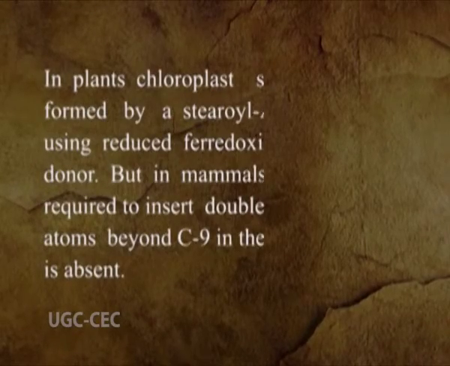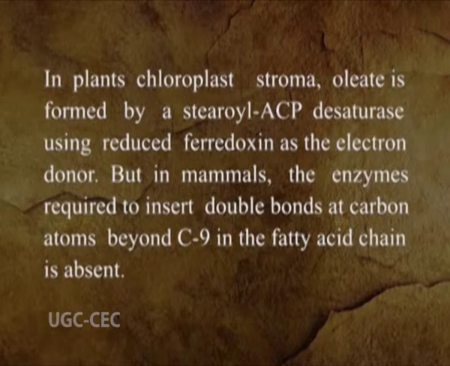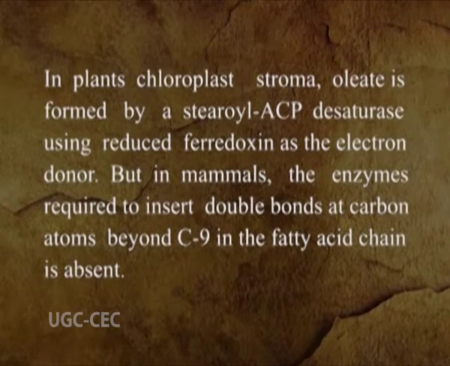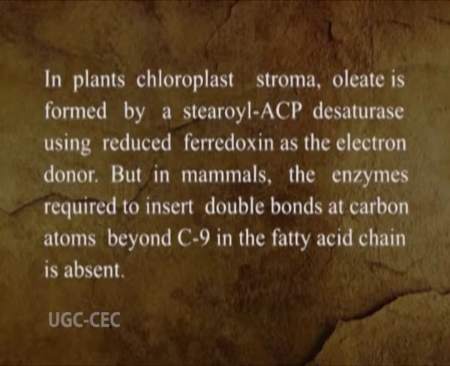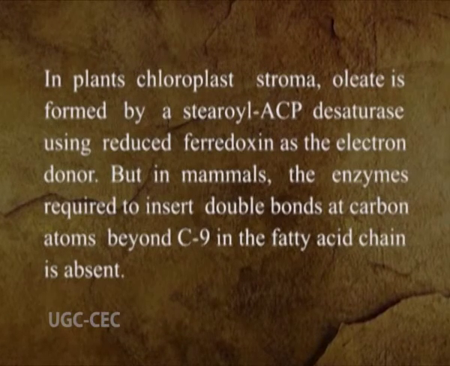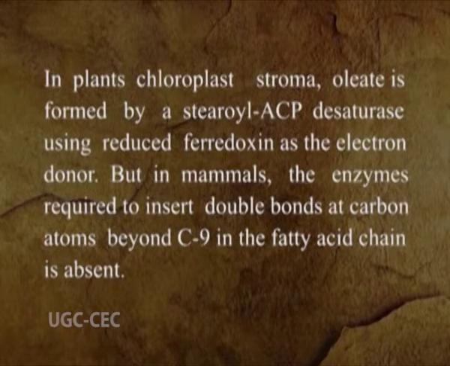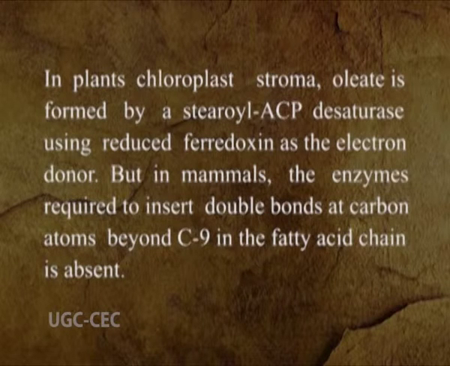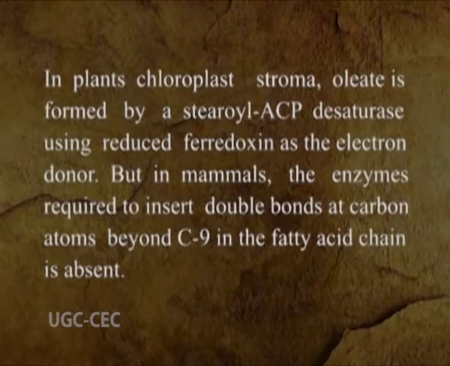In plant chloroplasts, oleate is formed by a stearoyl-ACP desaturase using reduced ferredoxin as the electron donor. But in mammals, the enzymes required to insert double bonds at carbon atoms beyond C9 in the fatty acid chain are absent.